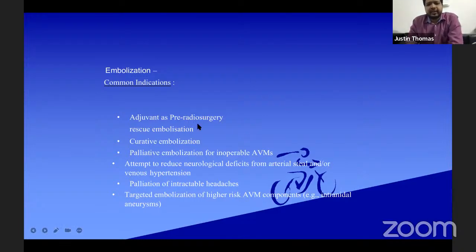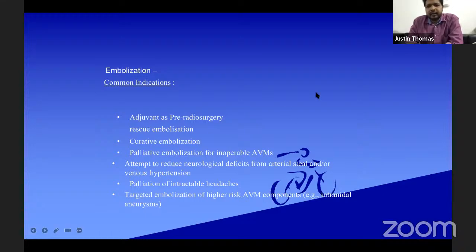pre-stereotactic radiosurgery measure, as a rescue embolization, and also pre-surgically to reduce the size of the AVM. In inoperable AVMs, embolization is usually done to reduce the frequency of neurological deficits due to the steal phenomenon or venous hypertension, and also to relieve headache.